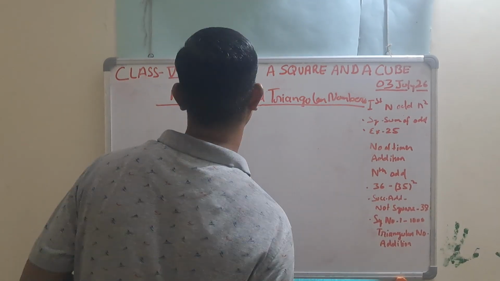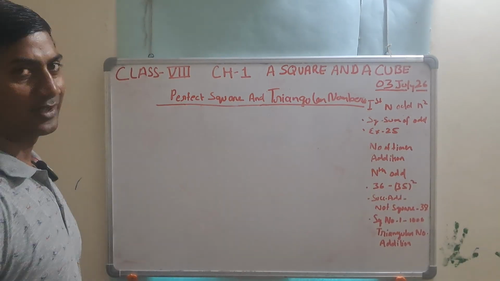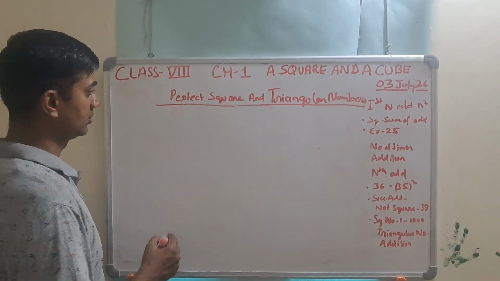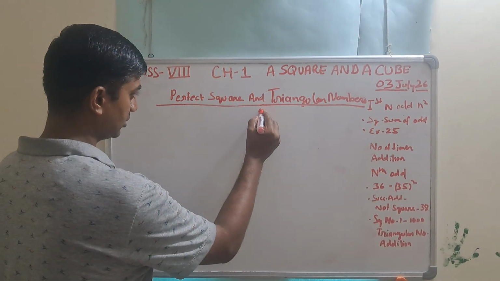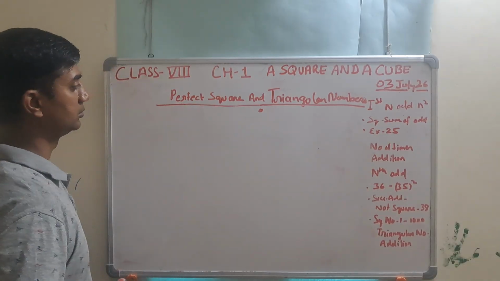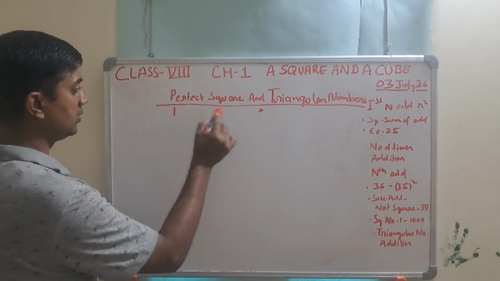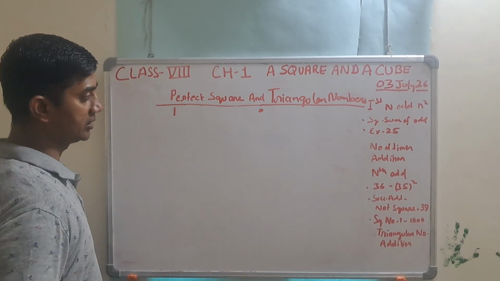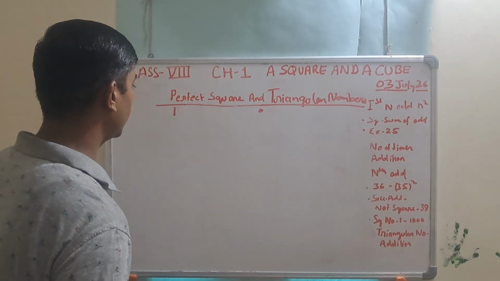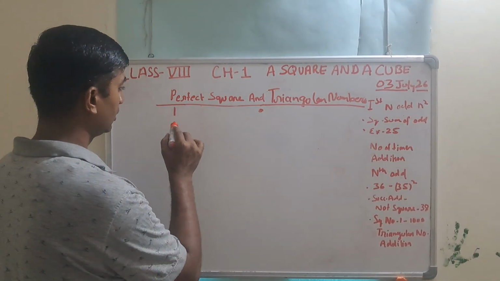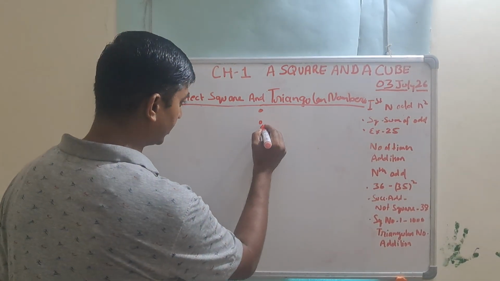Triangular numbers. See, what are triangular numbers? Let's understand. See, this one dot is one. Suppose this is one triangle. Make another two dots.